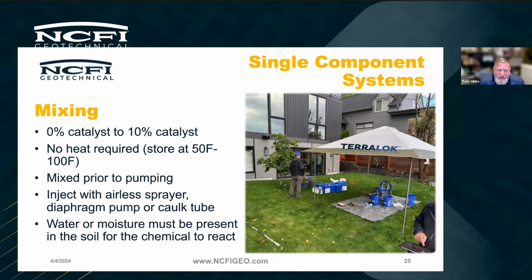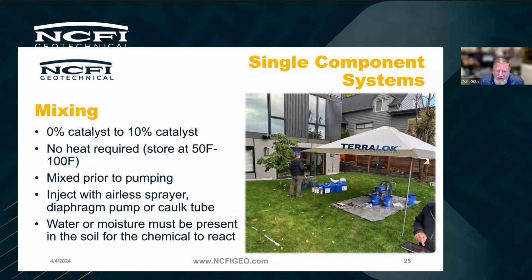With the single component systems, the catalyst is added right before the product will be used, if you're going to add any. The equipment does not have to heat the material up. However, the colder the ambient temperature is outside, the thicker the material is going to be. So you do want to make sure you're keeping your material warm prior to installation.